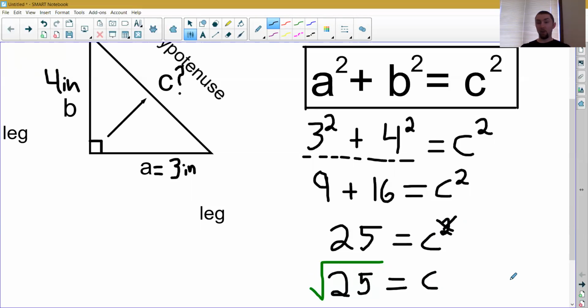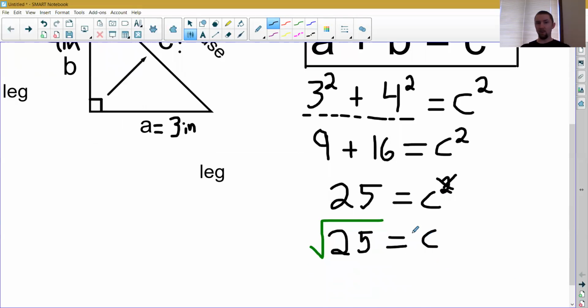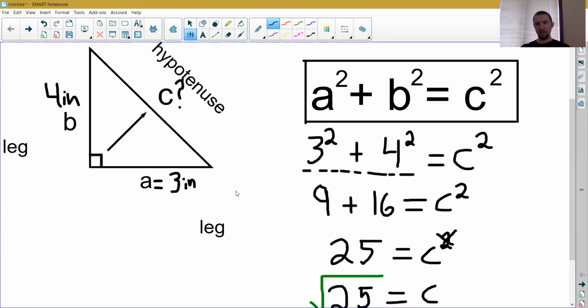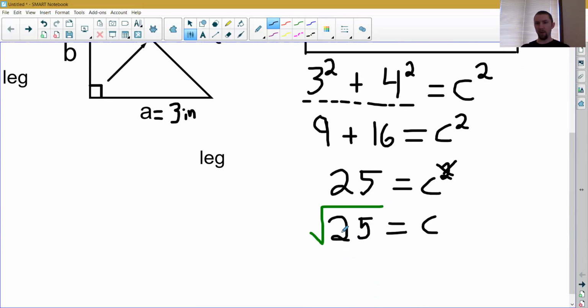So now the only question is, we know that c, however long this side of the triangle is, is equal to the square root of 25. So what is the square root of 25? Like I said, we're not going to do both positive and negative options, because that side of the triangle can't be a negative number.